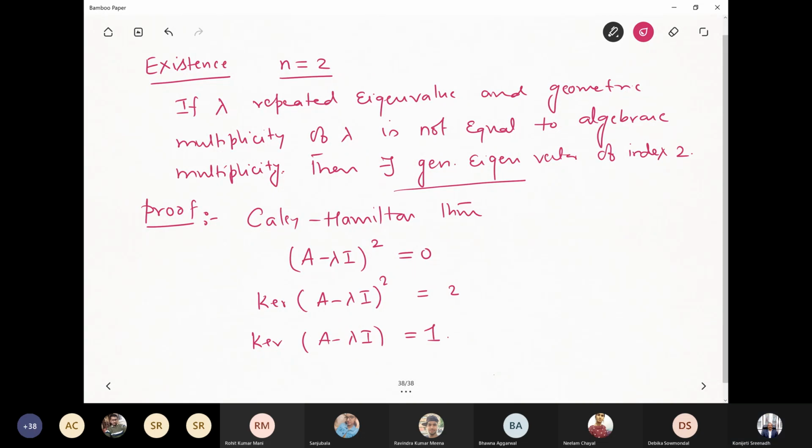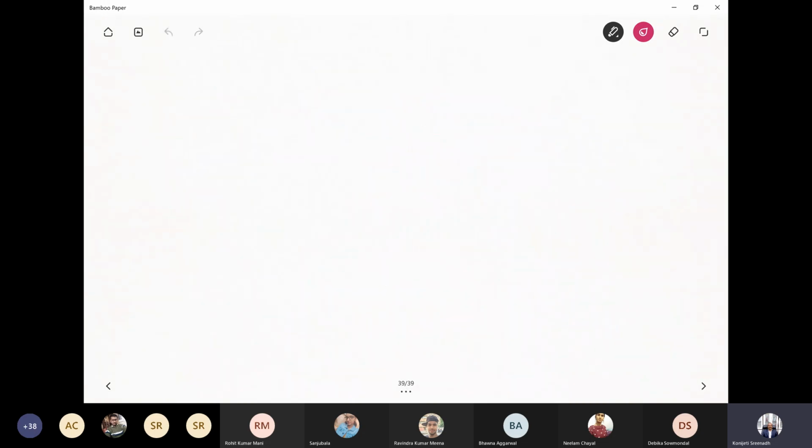So the kernel of A minus lambda I is contained in, but not equal to, the kernel of A minus lambda I square.